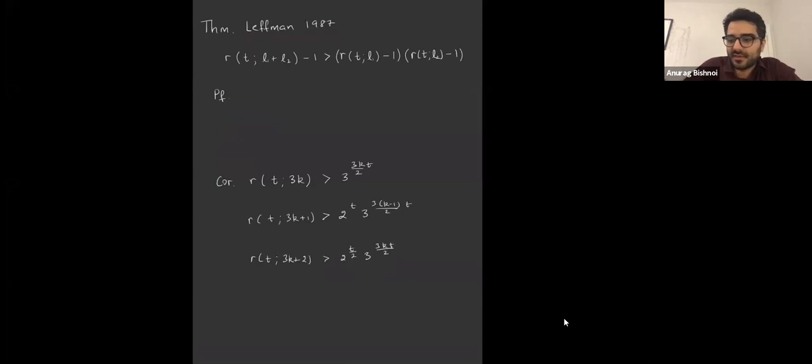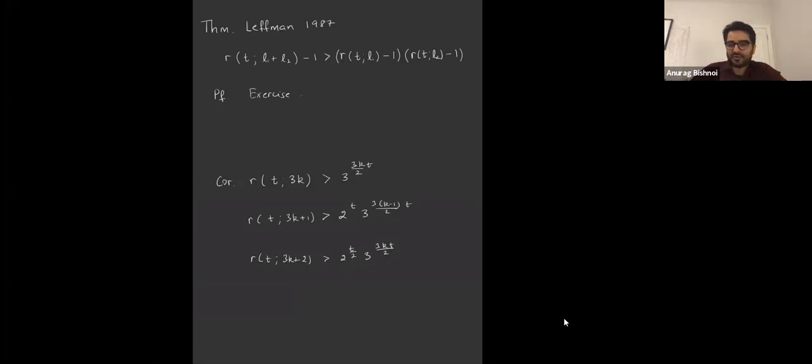So if you have L1 plus L2 colors, then you can show that this Ramsey number is strictly bigger than the Ramsey number with L1 colors multiplied by the Ramsey number with L2 colors. And this is just a nice exercise, especially for those who have not seen Ramsey numbers before, so you're still getting comfortable with what these things are. Try to prove this just from the definition.